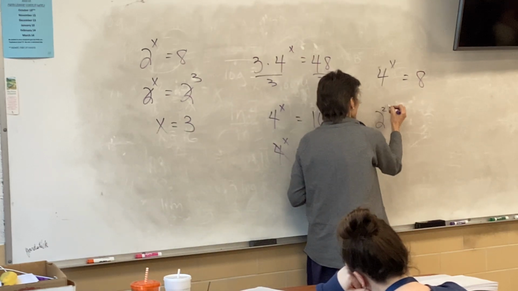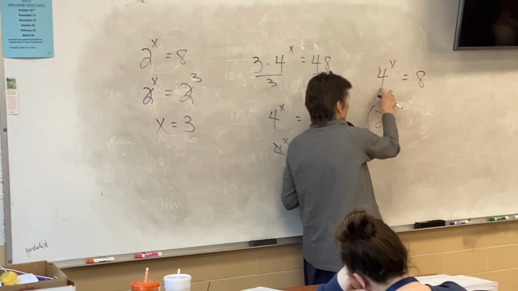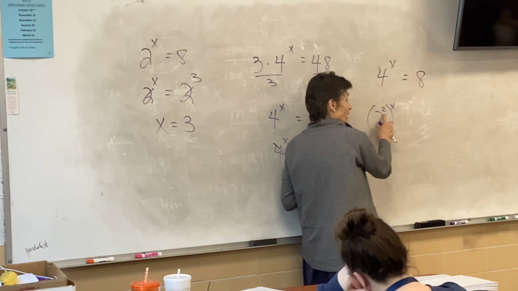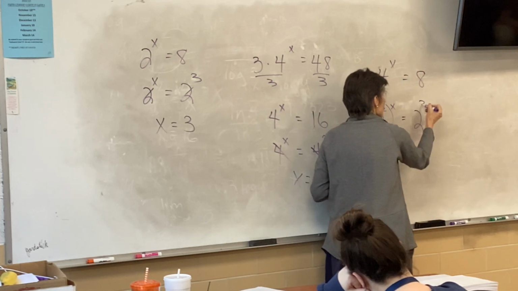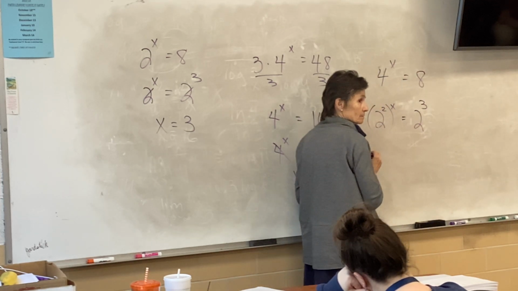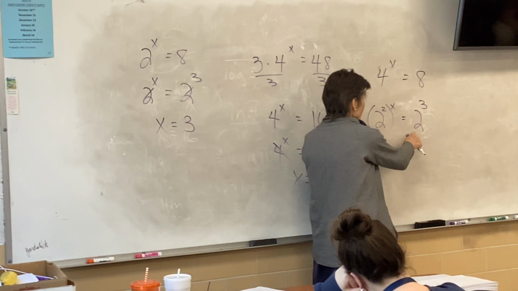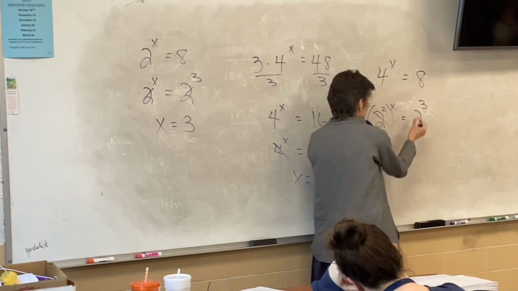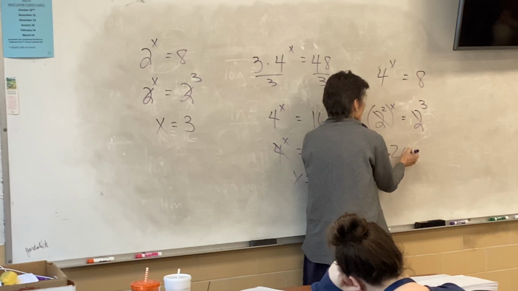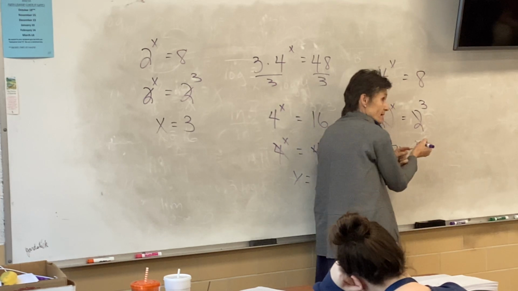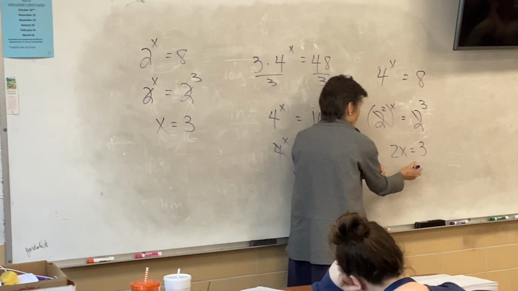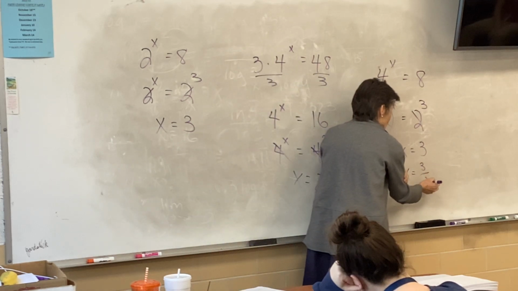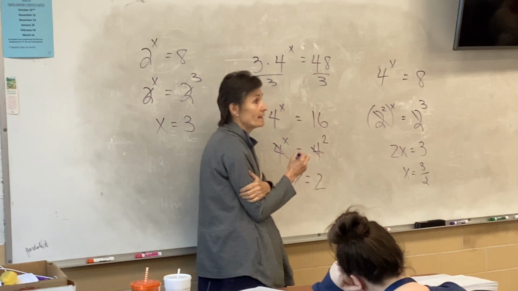So 2 squared to the x, 4 is 2 squared, 8 is 2 cubed. Now, see how they're both 2's? So now we can say 2x equals 3. So x equals 3 halves or 1 1/2.